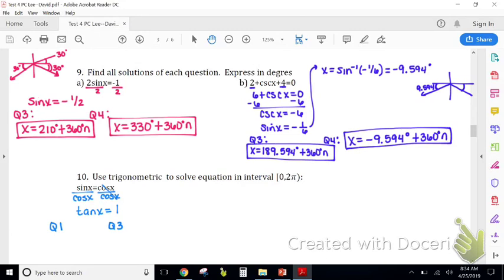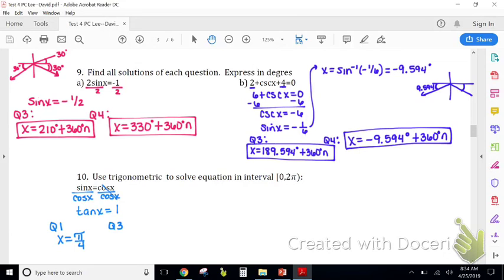What is tangent in terms of our x and y? Y over x. So what is the only way that y divided by x can equal 1? If they're the same, right? So where in quadrant 1 is my x and y value going to be the same? Okay, so there's my quadrant 1 answer.